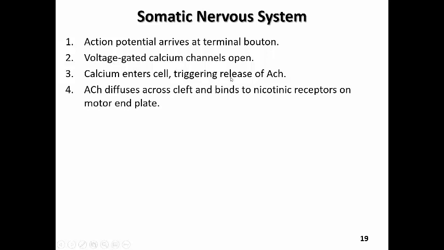Once the terminal axon releases its neurotransmitter, acetylcholine will move across what's called a cleft, the very small space between the terminal axon and the muscle fiber, and bind to a class of protein receptors called nicotinic receptors on the specific region of the muscle fiber membrane called the motor end plate.